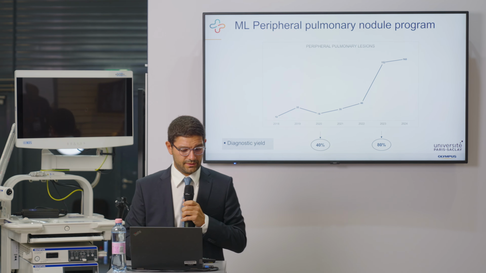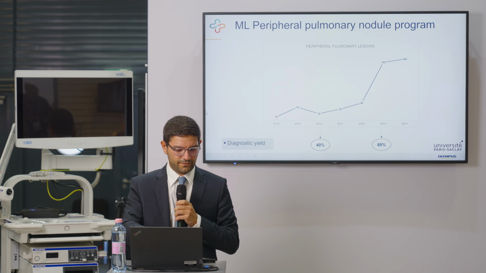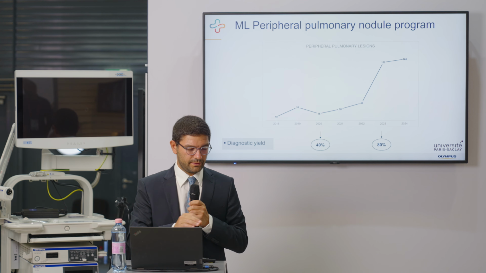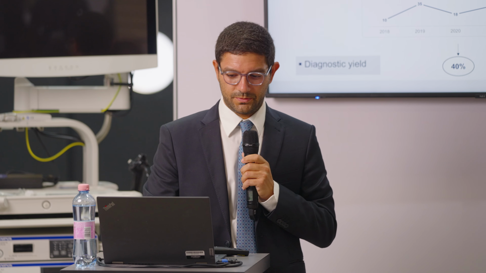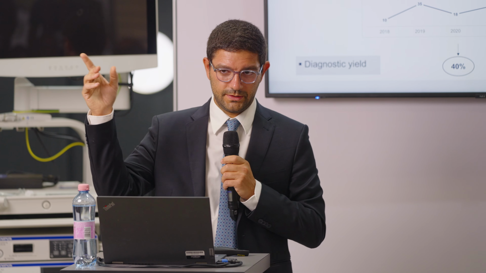So this is the translation of what we exactly did. From 2017, 2018, if you see the curve till 2022, we had 40% diagnostic yield with 40 patients per year. And when we improved the diagnostic yield, automatically we increased our recruitment.